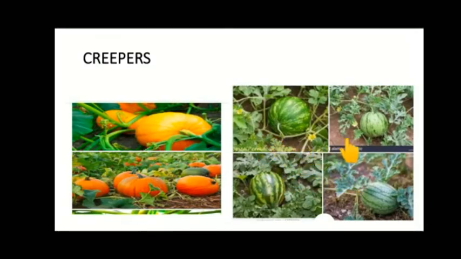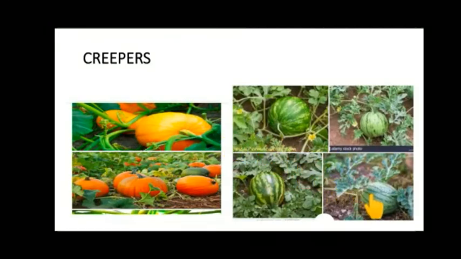This plant crawls on the ground. They are called creepers. Creepers have weak stems and big fruits. Most of the creeper plants have big fruits. That's why they are crawling on the ground.